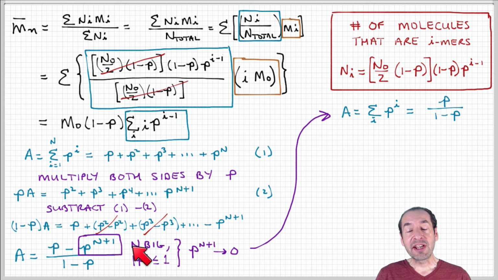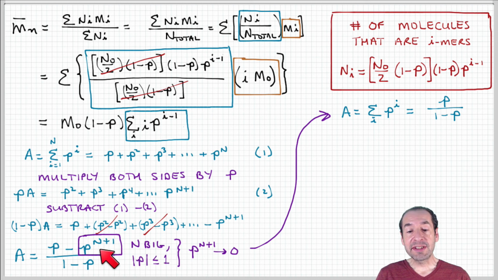Then I can also recognize that for the kinds of problems that we're talking about, n is going to be big. In other words, the number of molecular weights that are going to be in our population is going to go up to a large number, hundreds or thousands or more. And remember, the magnitude of p is less than 1 because it's a fraction of 1, the probability that something happened.